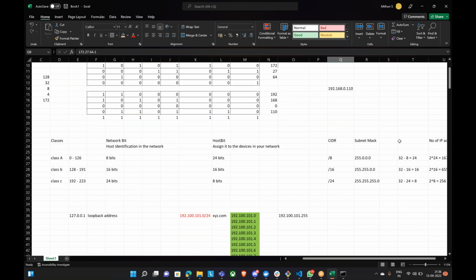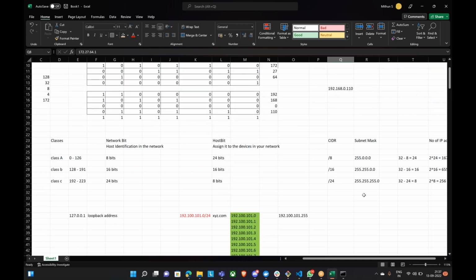Or in other words, in between /16 and /24, you can use any number: /17, /18, /19, /20, /21. So based on that, we will get different amounts of IP addresses.